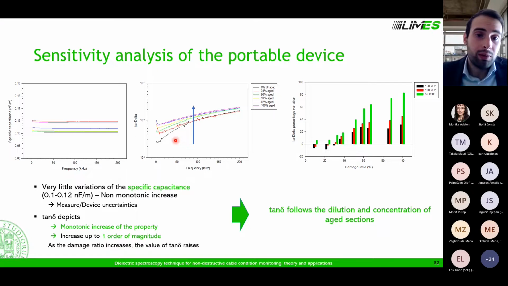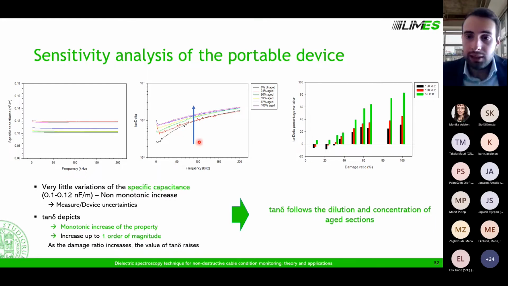Another important conclusion is that with the tangent delta values, we can follow the dilution and concentration of the aged sections. For example, the 50% aged sample, meaning the cable is aged only in half of its total length, is perfectly in the middle of this range between 0 and 100%.